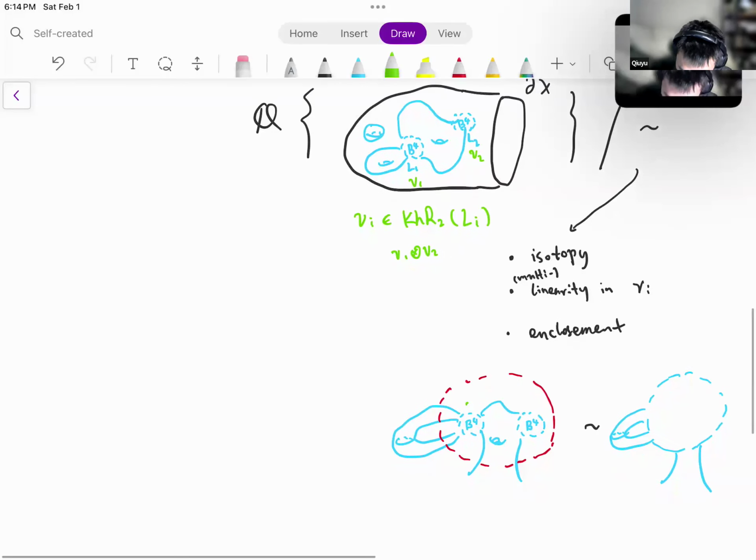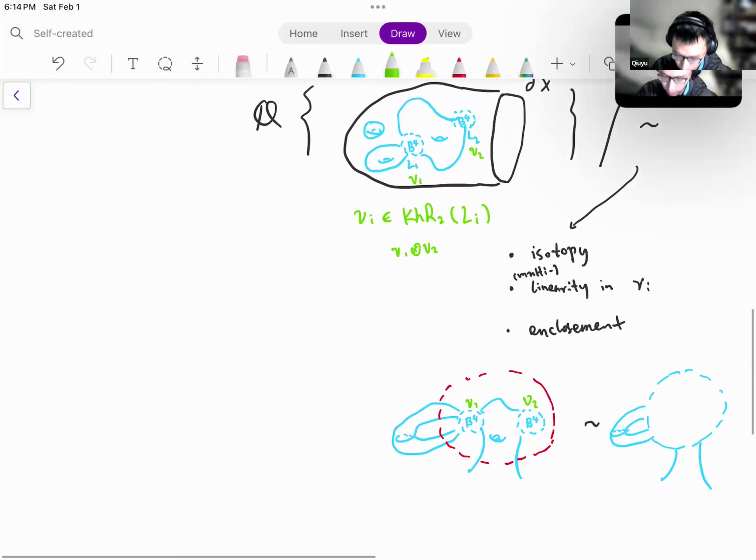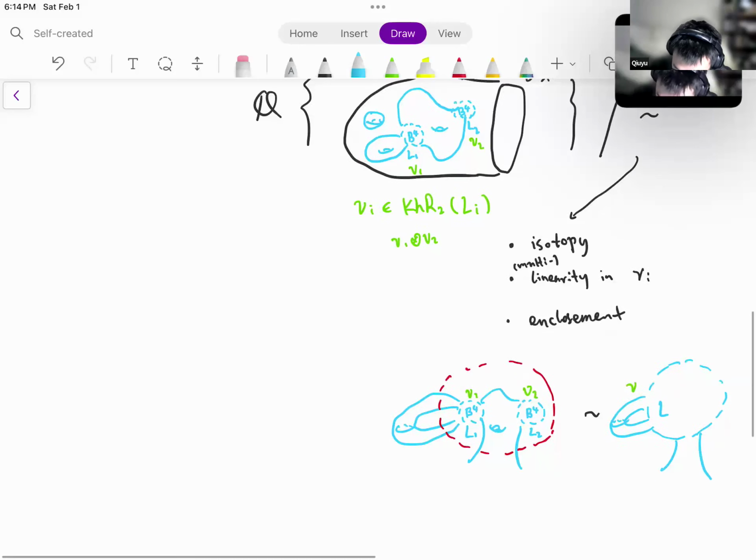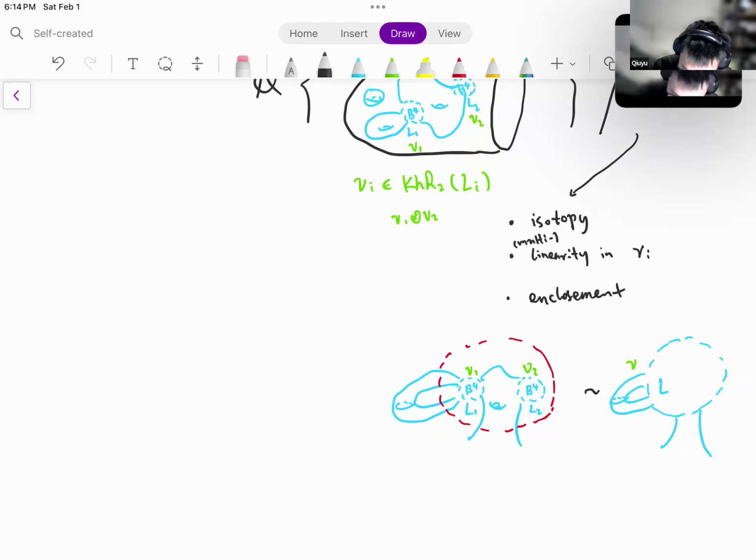But of course, we also need to keep track of the labels. So if we have labels V1, V2 for links L1, L2 inside, then we need to upgrade them to a certain label V for the outside link L. That piece of data is given by just the structure of the Khovanov homology, because the part of my surface between this red ball and the two blue balls provides me a cobordism from L1 disjoint union L2 to L, and the functoriality of Khovanov homology provides me this upgrade.